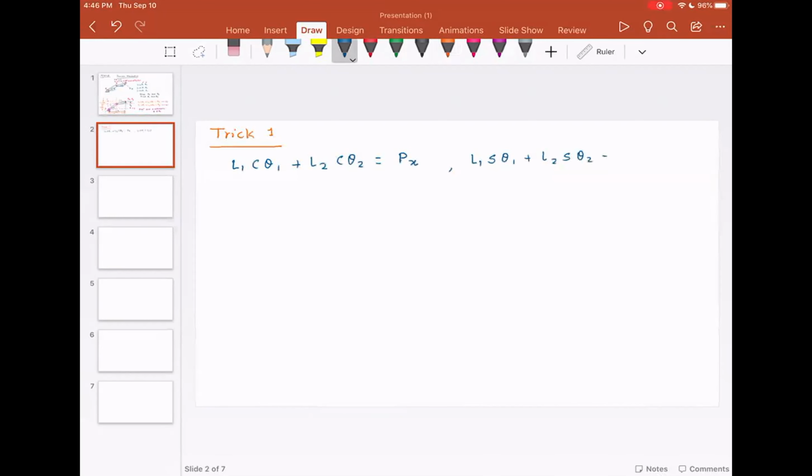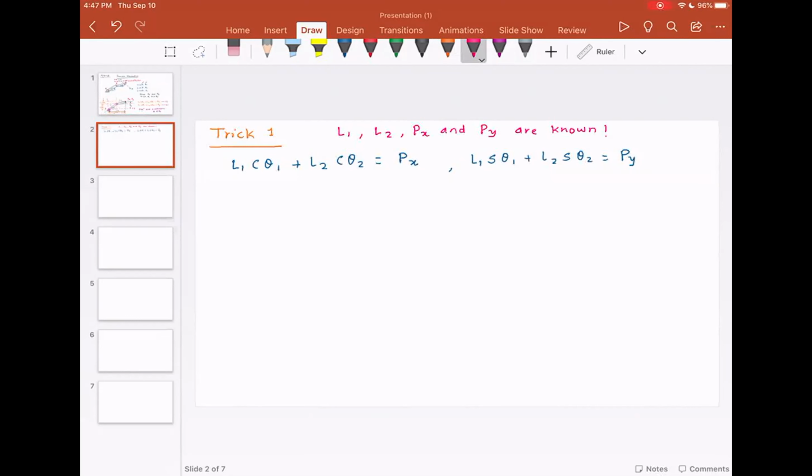Let's understand that L1, L2, Px and Py are known.